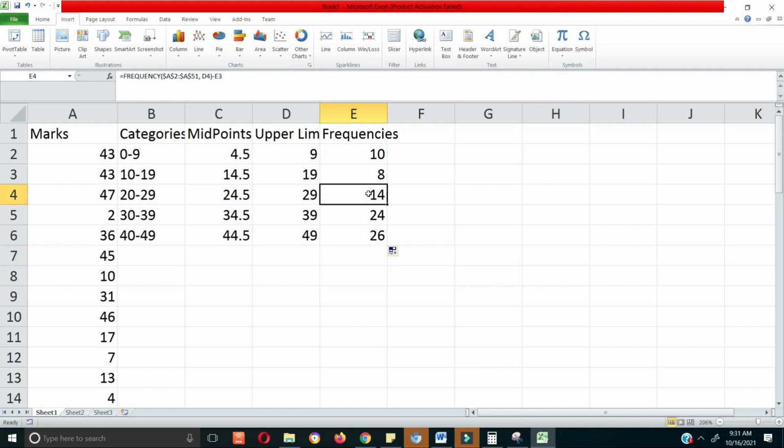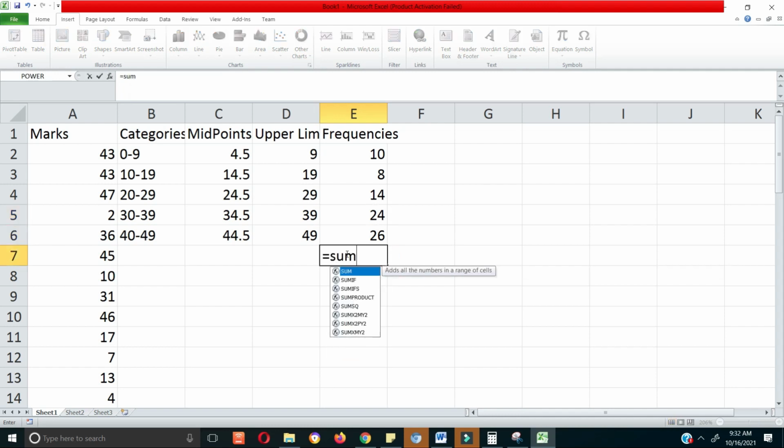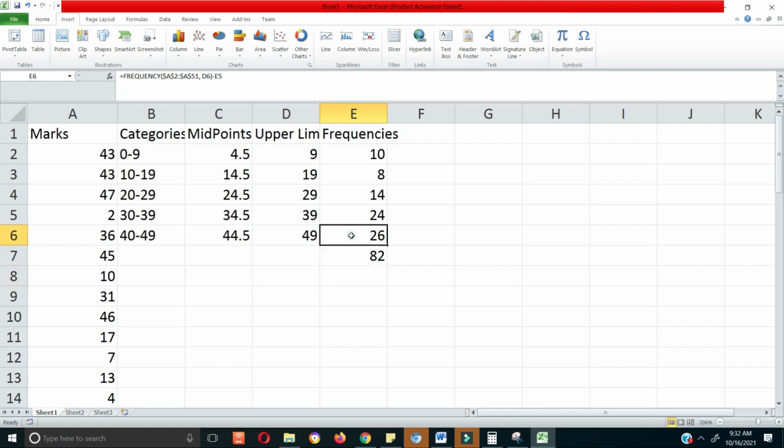Minus whatever is in D4, minus whatever is in E3. So let me see the sum. The sum of this should actually give me 50. I don't think it's doing so right now.